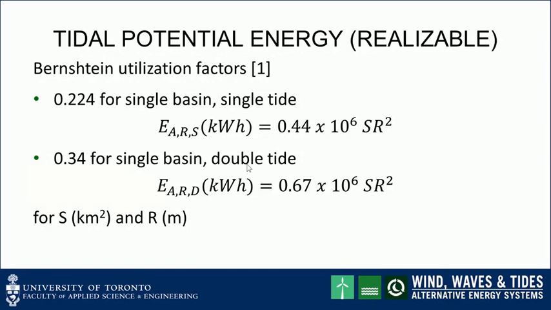And if we have a double tide system, so this includes capturing energy on both the flood and the ebb tides, the number increases to 0.67, right? So those are our realizable tidal energy on an annual basis.